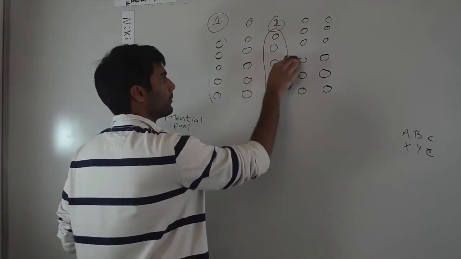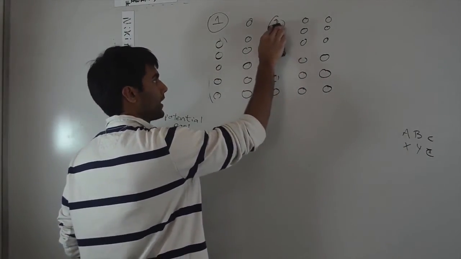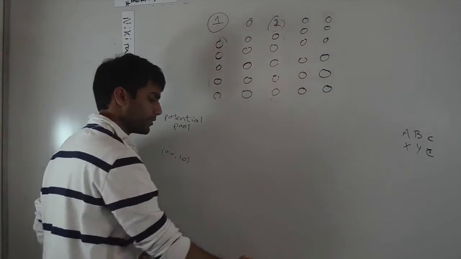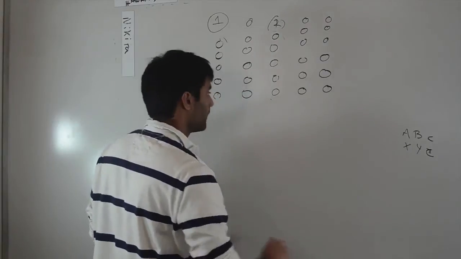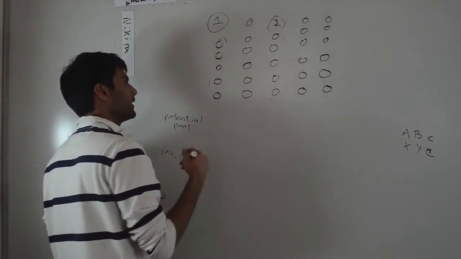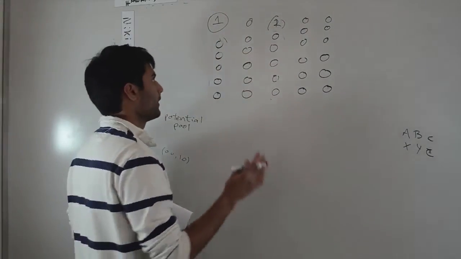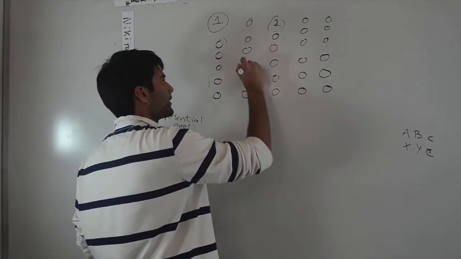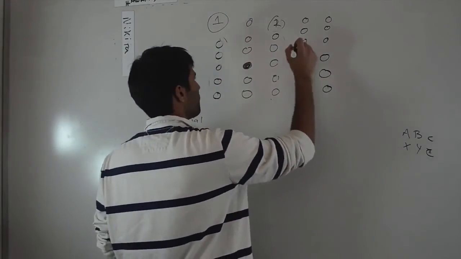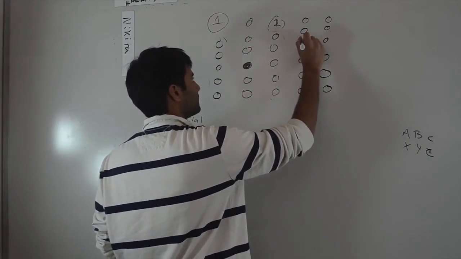Before we were talking about selecting which columns are active, but there's a separate process after that to select which cells within the column are active. So right now we've just selected the active columns. Say from the previous time step, this column, this cell, and this cell were active.